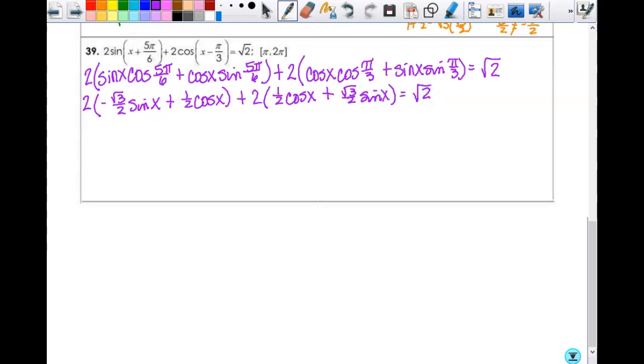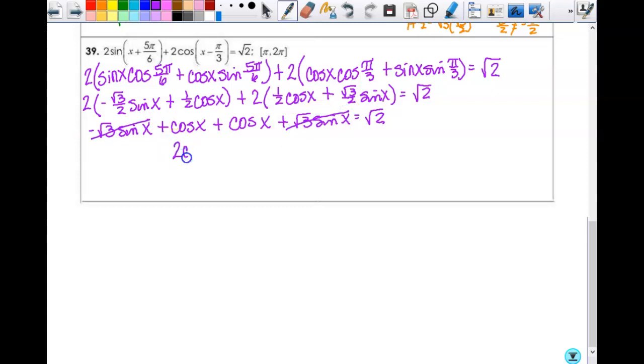So now I'm going to distribute my 2's. This gives me negative square root of 3 sine x plus cosine x plus cosine x plus square root of 3 sine x equals square root of 2. So negative square root of 3 sine x and square root of 3 sine x zero out.